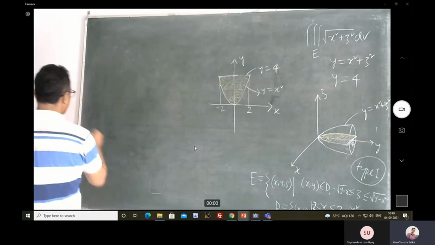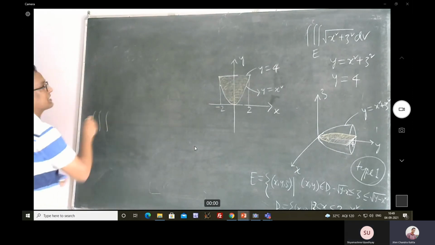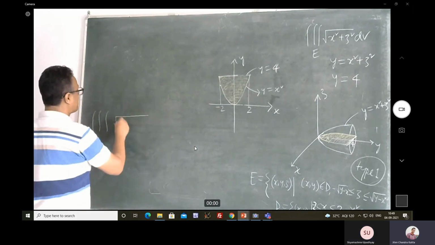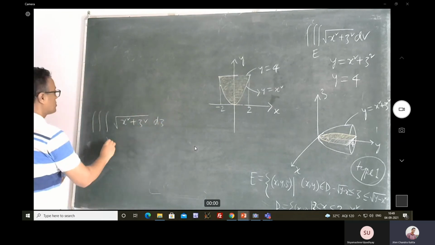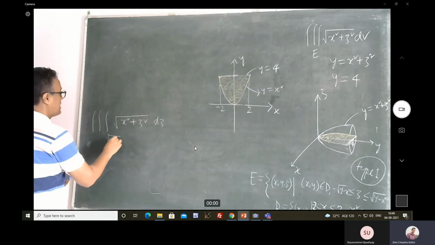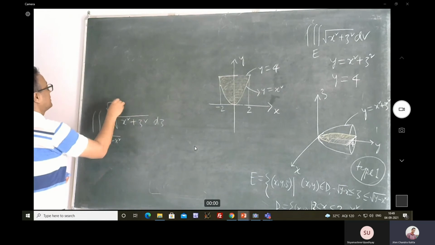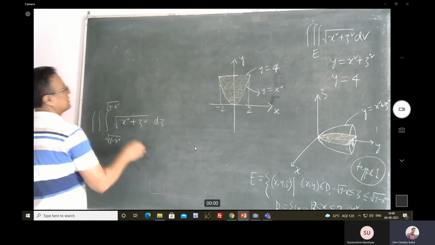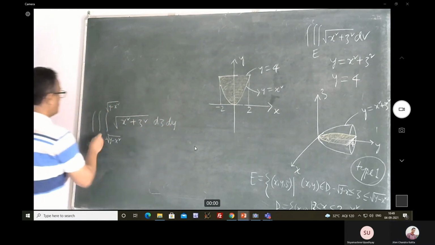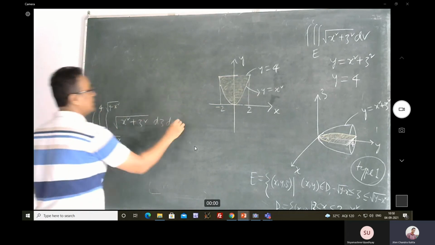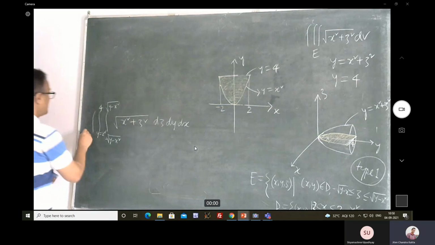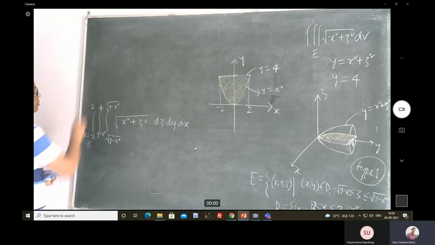And then the integration: the integral of x squared plus z squared dz, where z goes from minus to plus square root of y minus x squared, then y goes from x squared to 4, then x goes from -2 to 2.